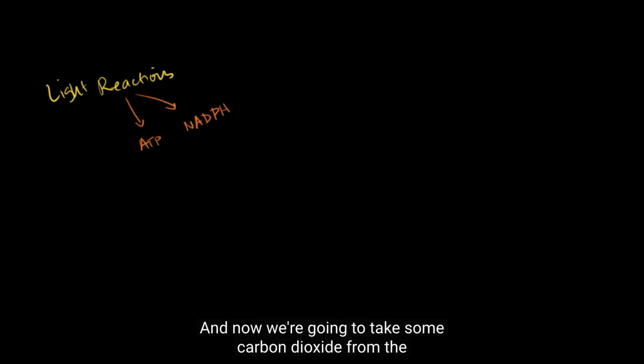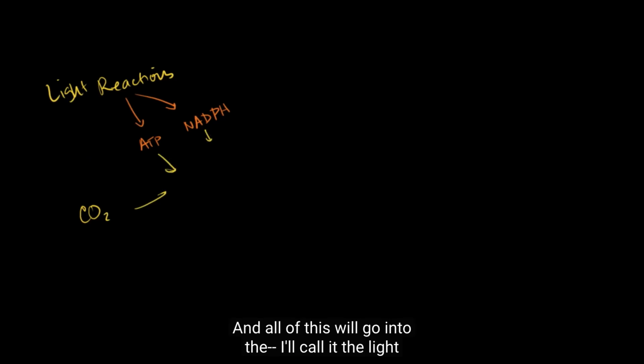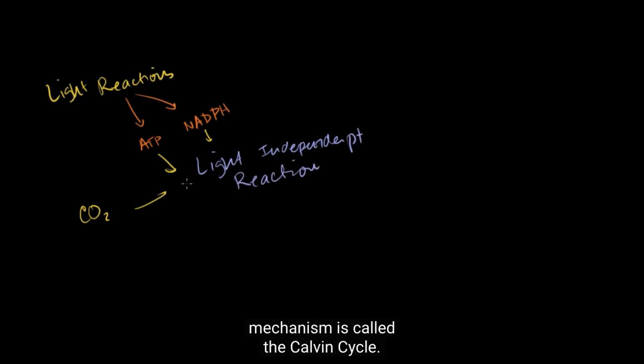And now we're going to take some carbon dioxide from the atmosphere, and all of this will go into the, I'll call it the light independent reactions, because dark reactions is misleading. So the light independent reactions, the actual mechanism is called the Calvin cycle, and that's what this video is really about.